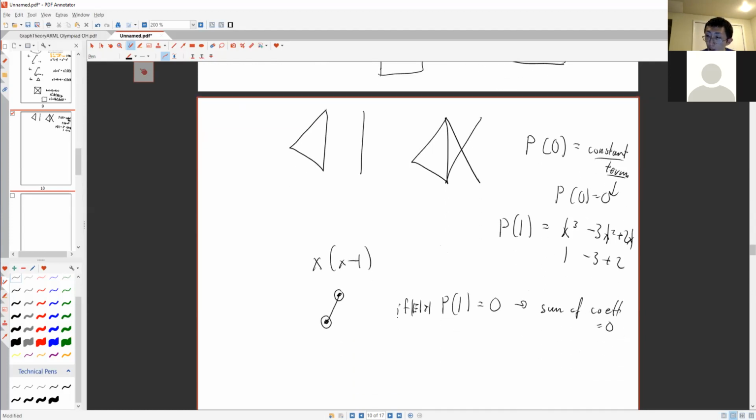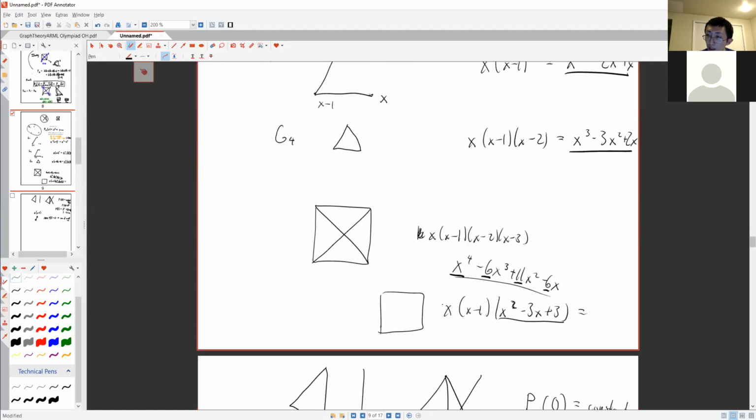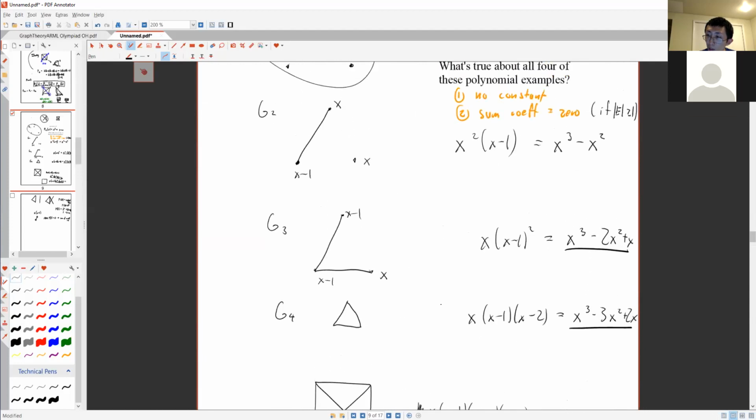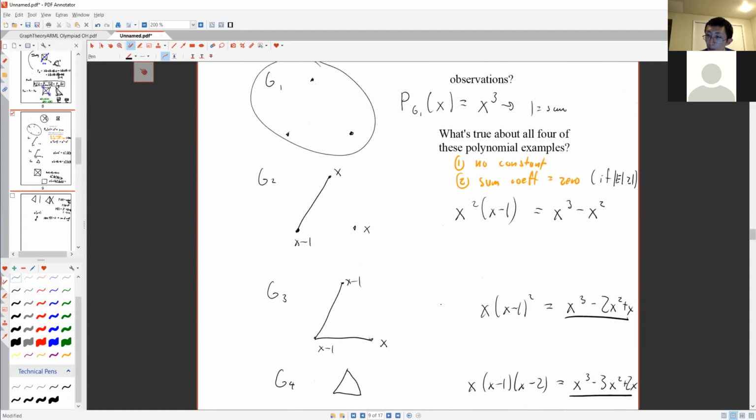Okay. Another thing you can notice about these is, what do you notice about the x squared term, or the second smallest coefficient? I mean, if it's degree n, what do you notice about the x to the n minus 1 coefficient?